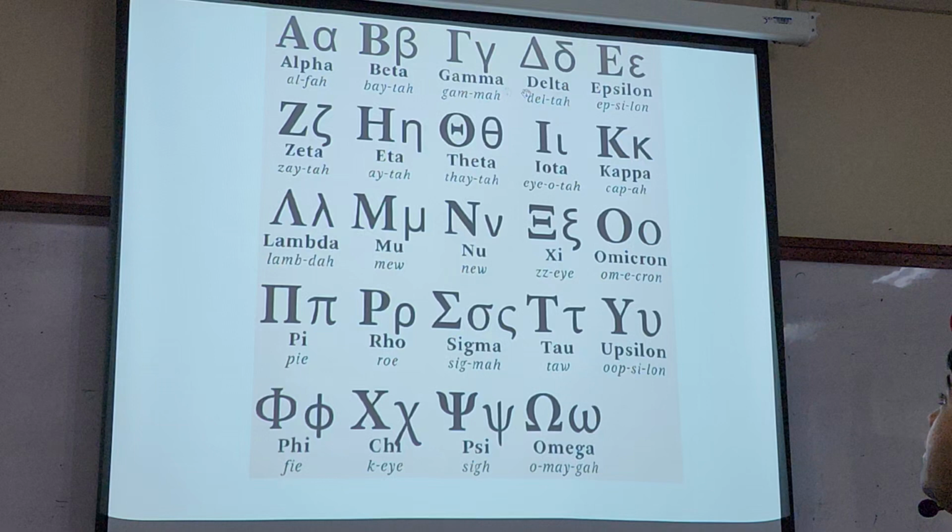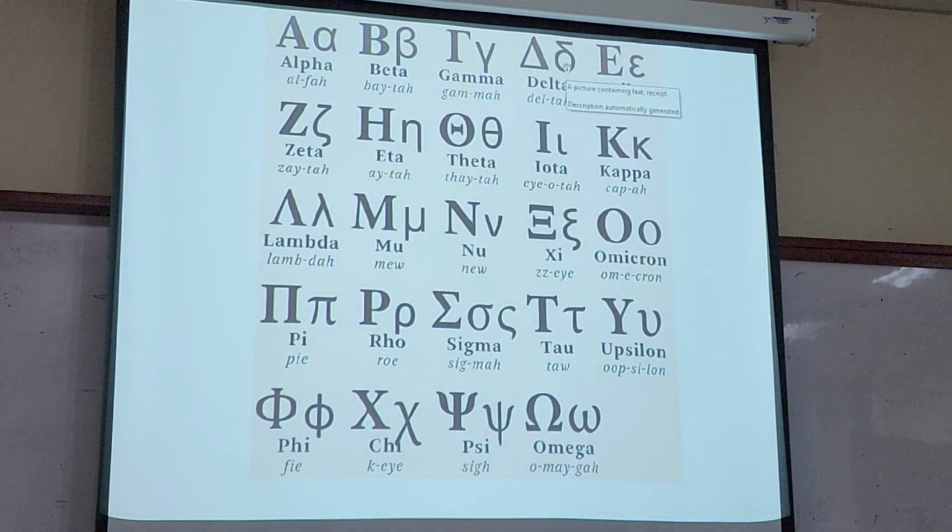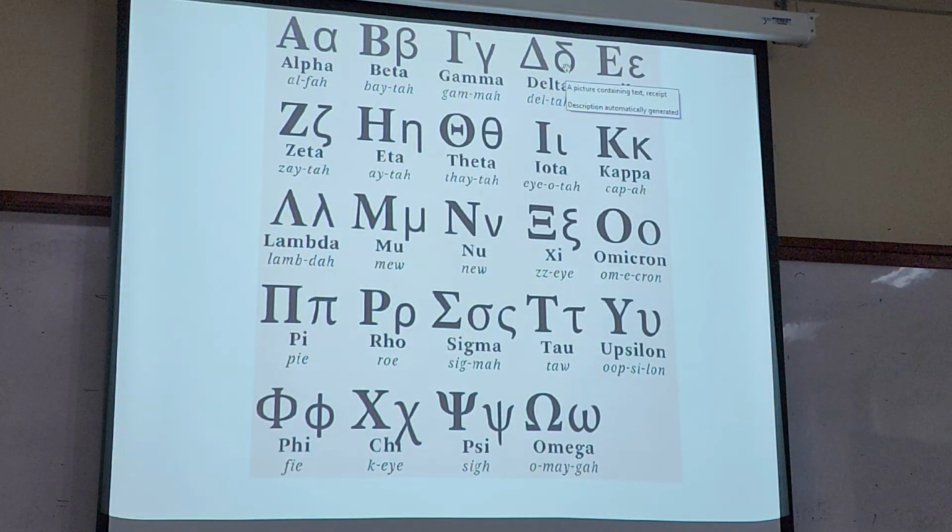What about delta? In mathematics, delta means what? Remember you learned differentiation and calculus? To show difference. When one value minus another value, T2 minus T1 equals delta T, meaning the difference between two points of time.